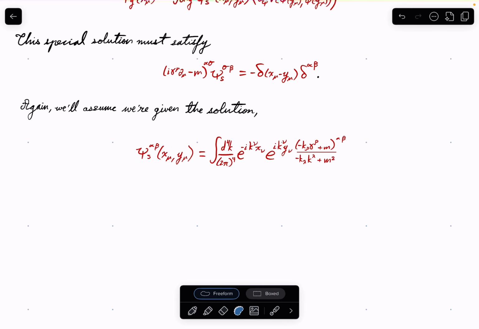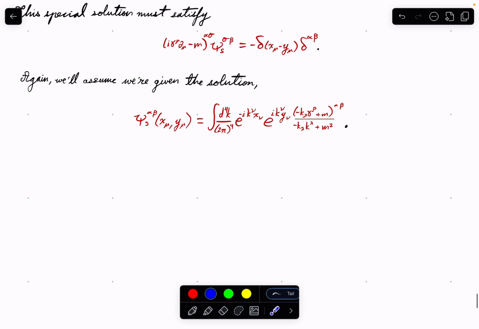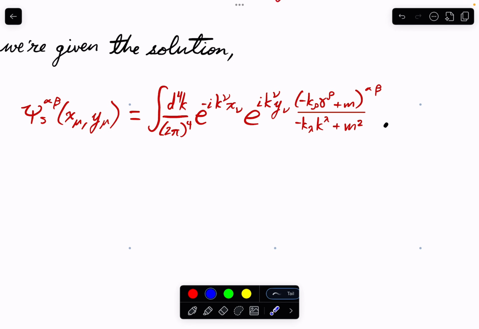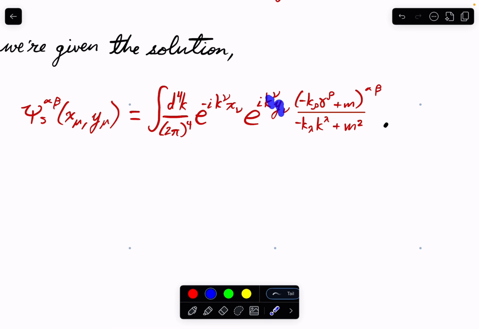So this looks hideous, and you would be right to think so. It is hideous. I'm glad that this is not going to be my main area of physics. Basically, it's saying that the special solution, the alpha beta component, or the element of the matrix, will be determined by summing over this and seeing the kind of interference between these two positions, position y and position x, in the exponential.